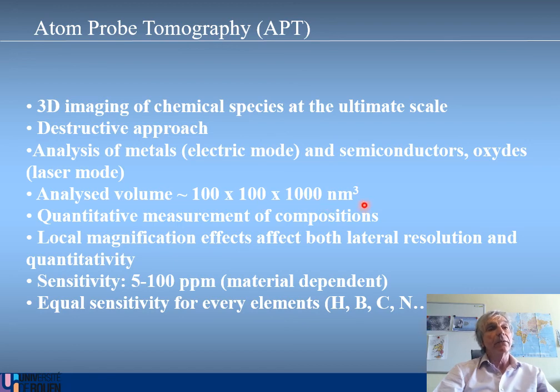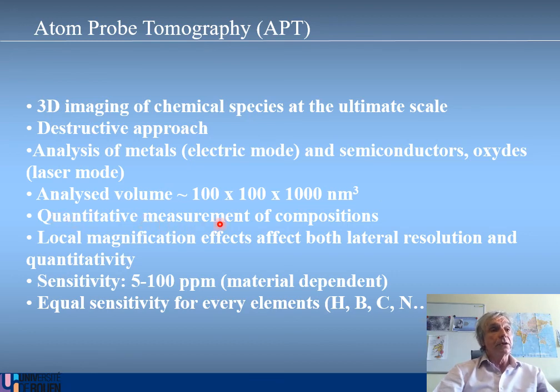That means that if you want, for instance, to investigate a grain boundary, you have to use correlative approaches, in particular in combination with transmission electron microscopy in order to locate the grain boundary and then to extract the region of interest using focused ion beam milling.